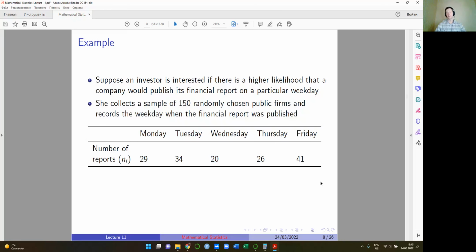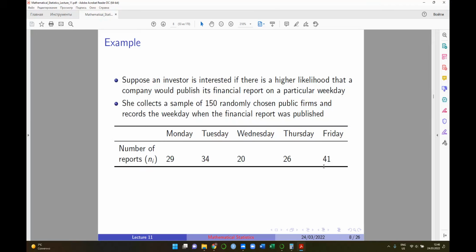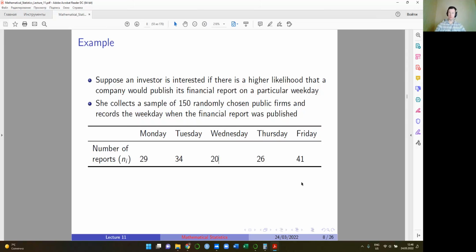So we see that on Wednesday, fewer firms publish their reports. On Friday, more firms publish their financial reports. We can suggest that probably firms want to publish their financial reports on Friday. Maybe there is some particular reason.